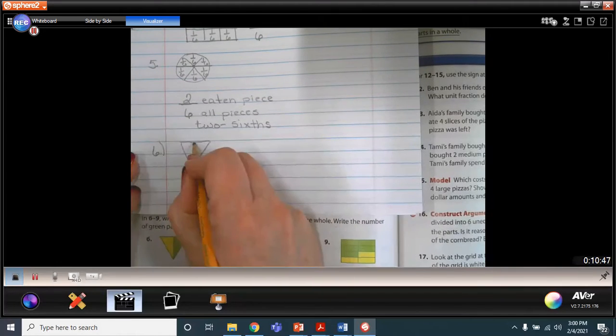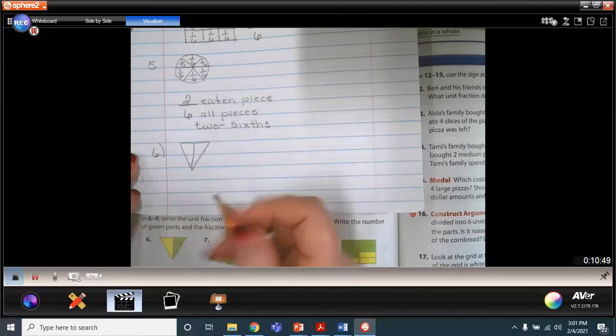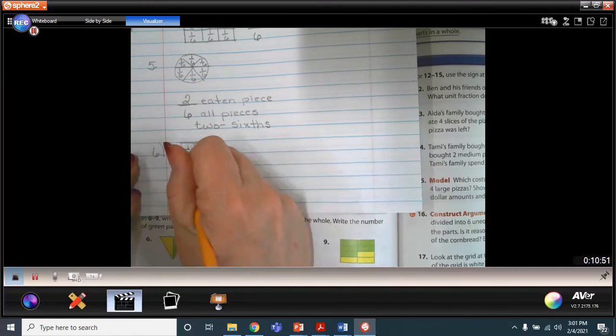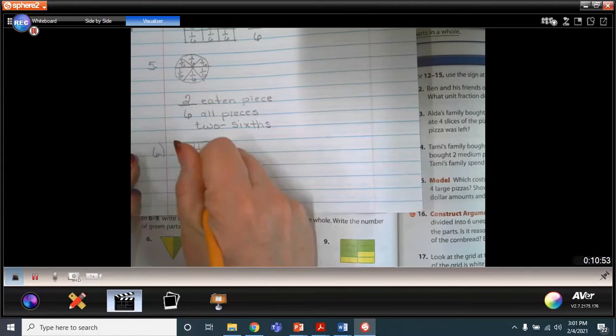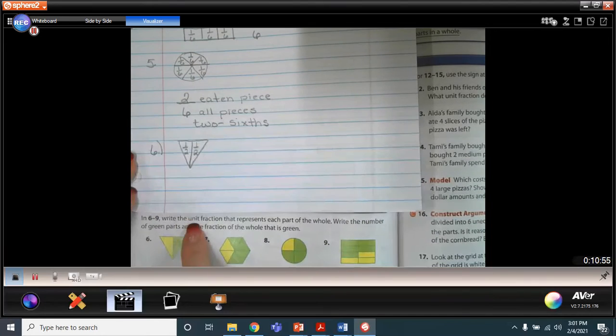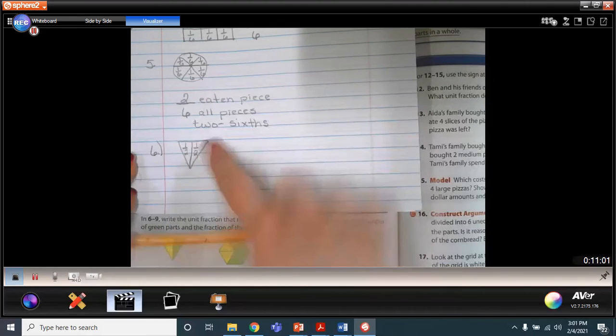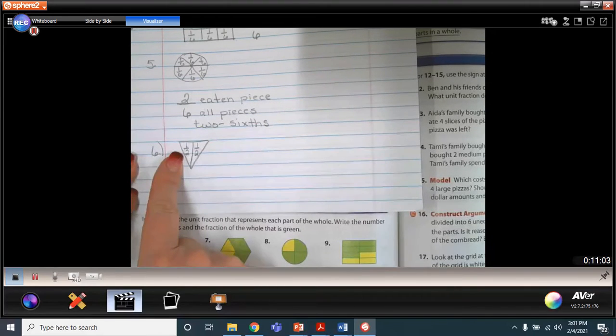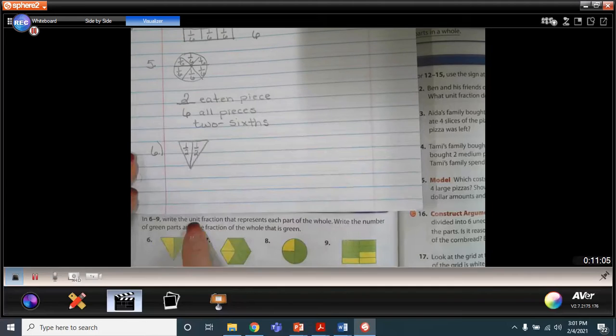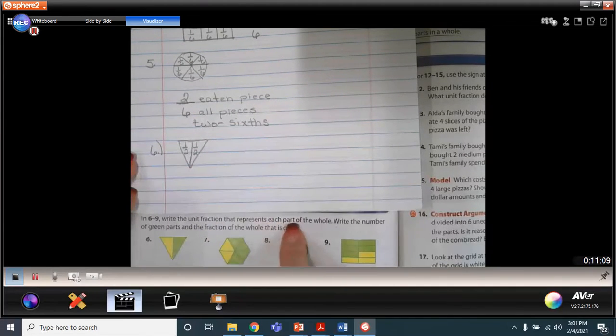I'm going to cut it into 2 equal pieces as best as I can. And I'm going to label each piece 1/2 because it's the unit fraction. Each one of these is one of the 2 pieces. Each one of those is labeled with the unit fraction for each part. Notice it says each part here.